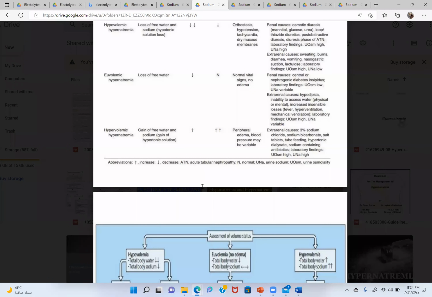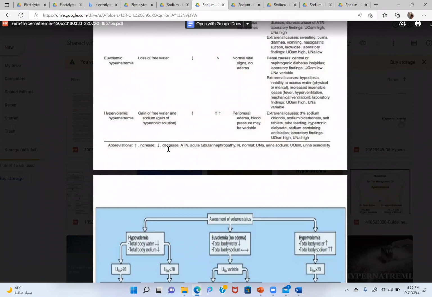In that condition, urinary osmolality will also be high, and urinary sodium will be variable. Because, as I told you, in diabetes insipidus urinary osmolality will be low because more water is going out, and in extra renal causes it may be high.